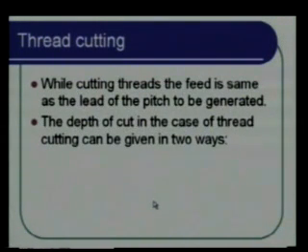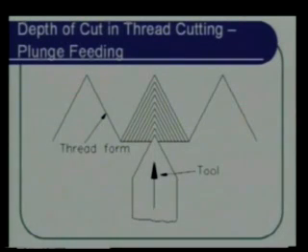Okay, now the other point to remember is depth of cut can be specified. There are two ways of giving the depth of cut. So let us say this is the shape of the thread to be cut, and because it will have to have the same shape, the tool. Now the tool can go into the thread directly, that is perpendicular. Sometimes we call it plunge feeding.